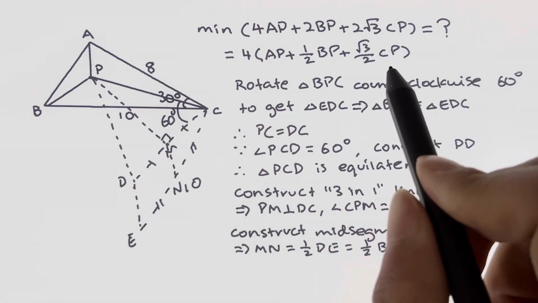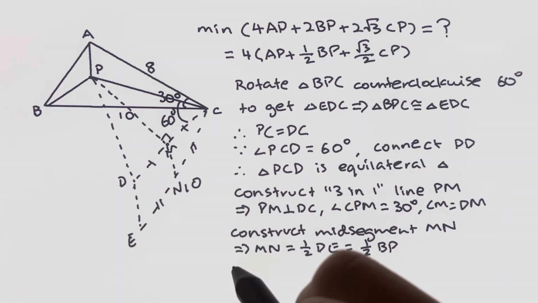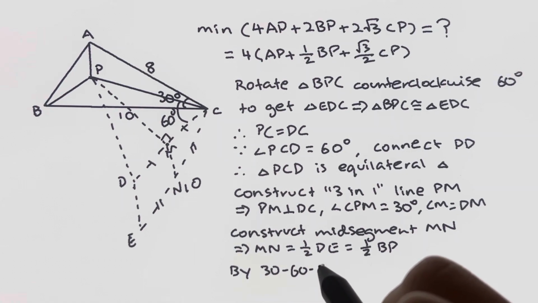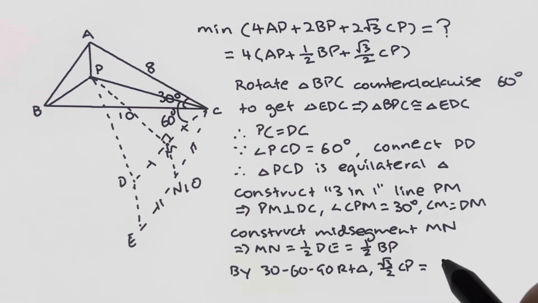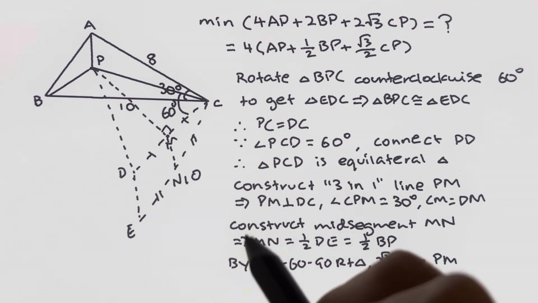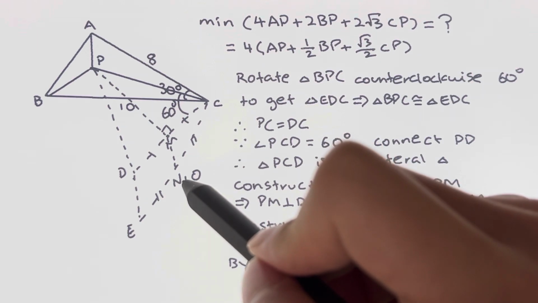To get the square root 3 over 2 CP, well, by the 30, 60, 90 right triangle, square root 3 over 2 CP will equal PM. So basically our goal now will be to find AP plus PM plus MN.